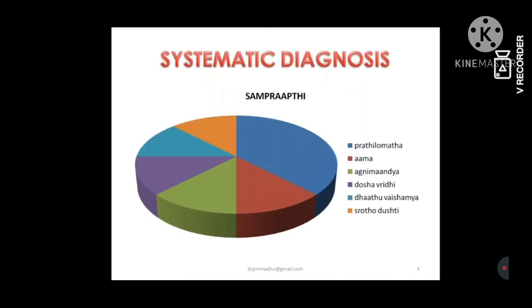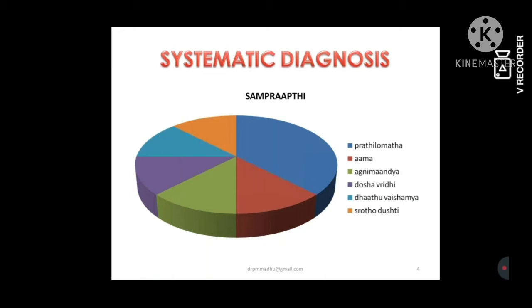So, while discussing the basic principles, we have discussed the systematic diagnosis, how we have to diagnose a case with respect to the Samprapti Ghatakas. These are very closely related. That is why I am telling this relevant factor again and again. The status of the patient with special reference to the Samprapti should be assessed initially with respect to Pratilomata, Amatva, Agnimandya, Dosha Vriddhi, Dhatu Vaishamya, and Srotodushti.